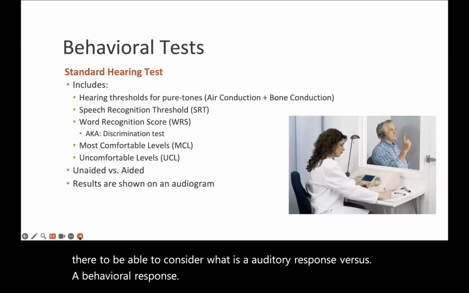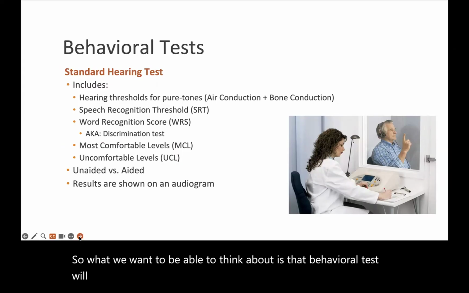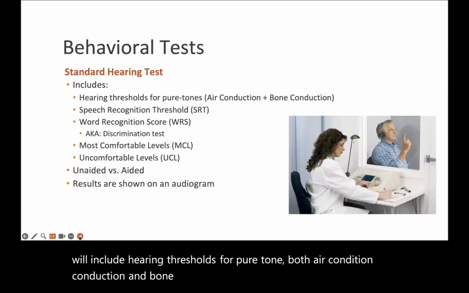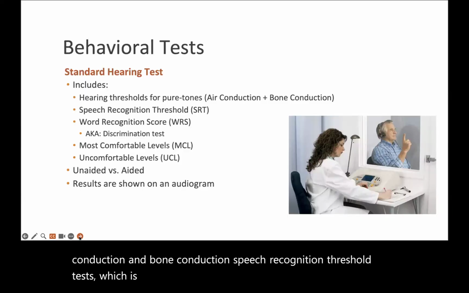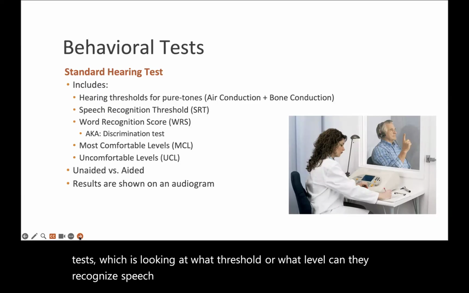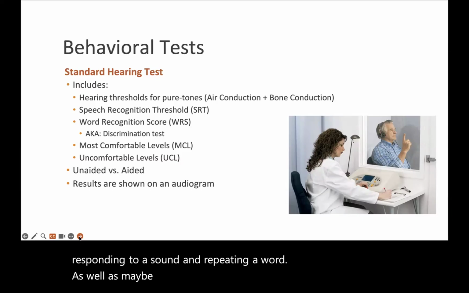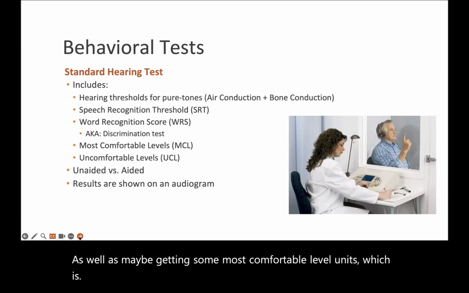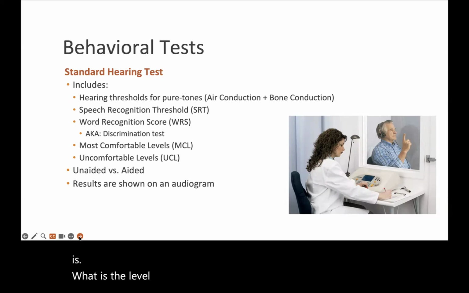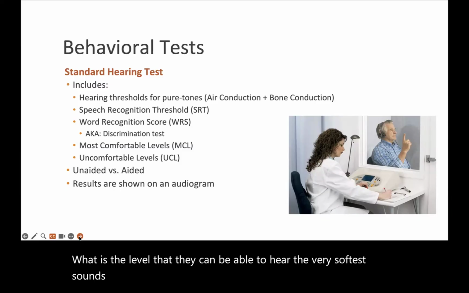So what we want to be able to think about is that behavioral tests will include hearing thresholds for pure tone, both air conduction and bone conduction, speech recognition threshold tests, which is looking at what level they can recognize speech, word recognition tests, which is responding to a sound and repeating a word, as well as maybe getting some most comfortable levels, which is the level that they can hear the very softest sounds, and then uncomfortable levels, which are the very loudest sounds that they can respond to.